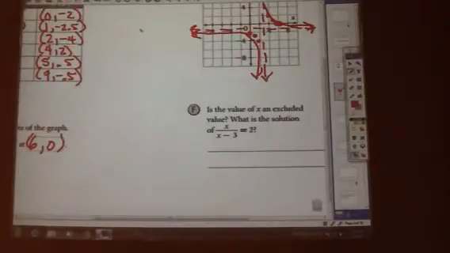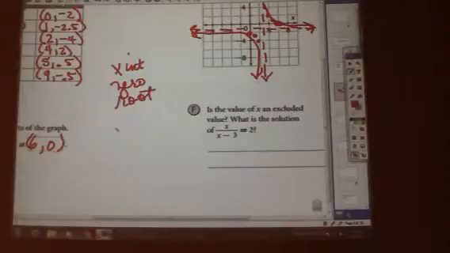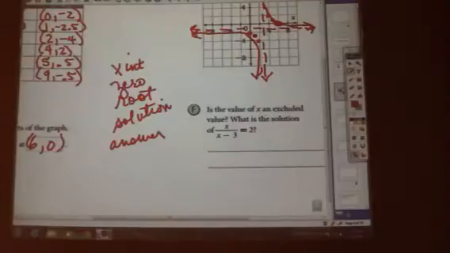Now remember back a while back, an x-intercept is also known as a what? A 0, which is also known as a what? A root, and it's also known as a solution or answer. So is the value of x an excluded value?